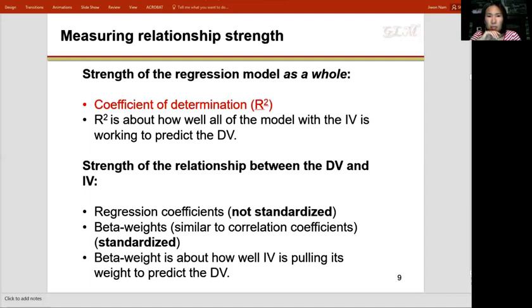Next, the summary: the coefficient of determination, R square. Okay, the strength of the regression model.